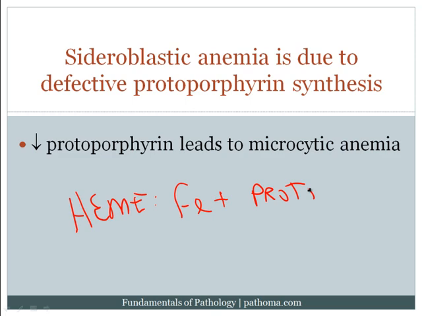If there is a disorder in the ability to produce protoporphyrin, then low protoporphyrin would result in low heme, and low heme would result in low hemoglobin, and low hemoglobin would then result in a microcytic anemia. So that's the paradigm that we've established, and of course this follows that.